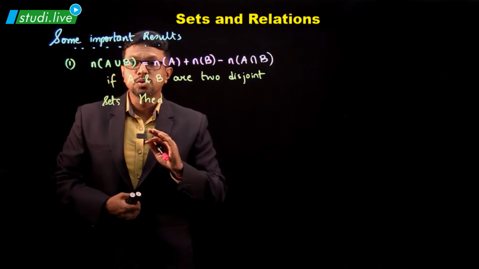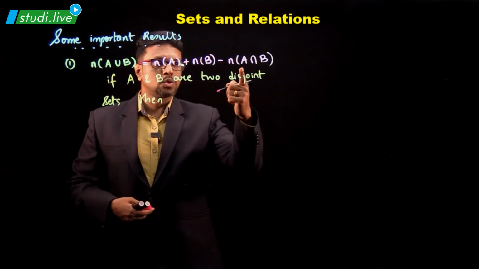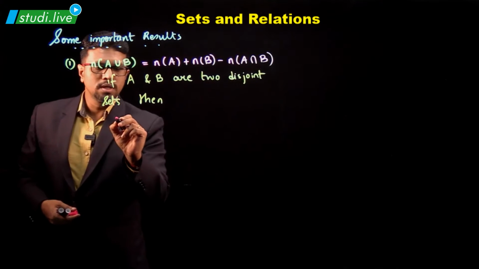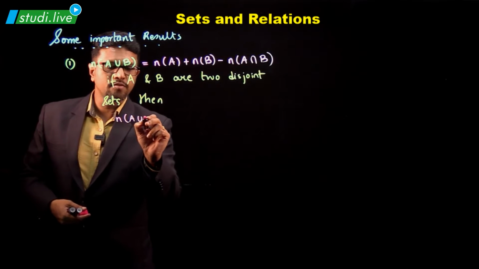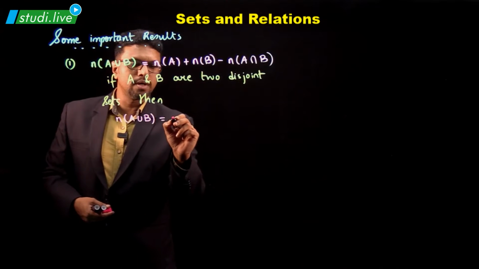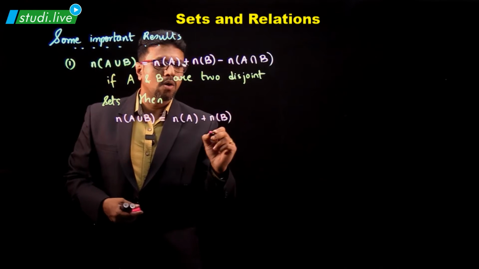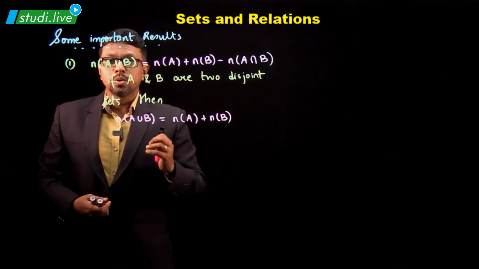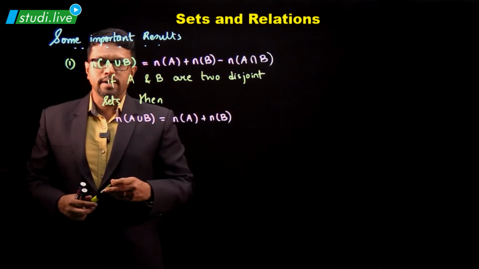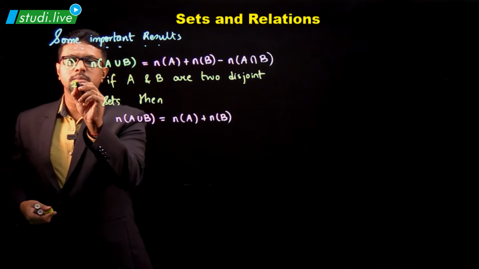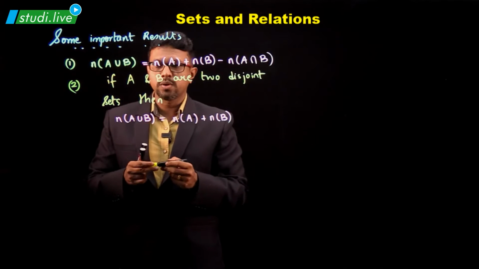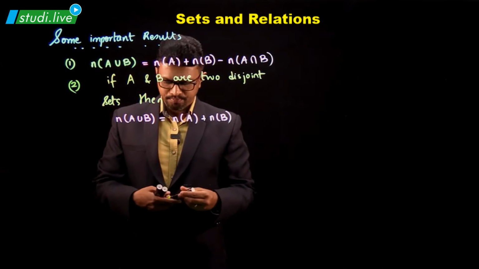Disjoint means there is no common element in them. So this part will become 0. The formula now becomes n of A union B is equal to n of A plus n of B.